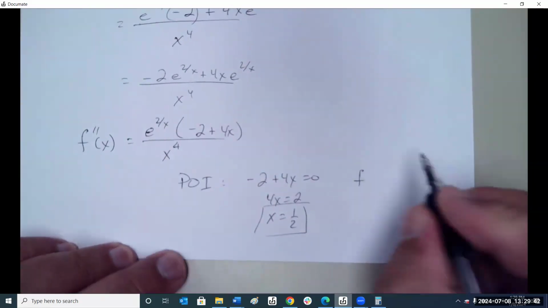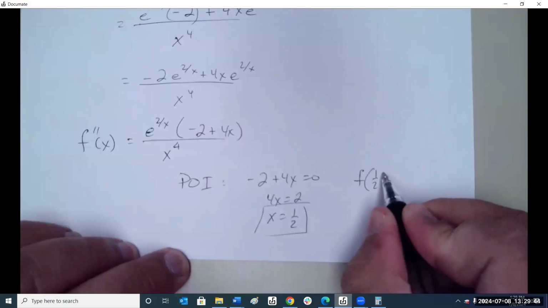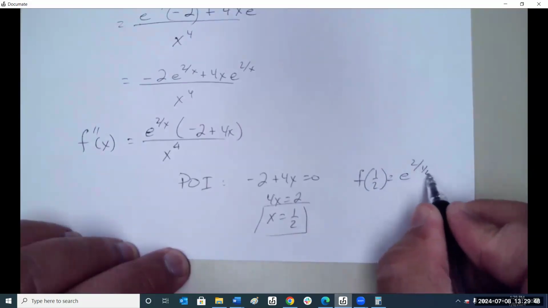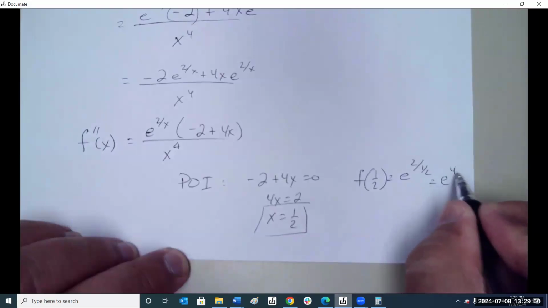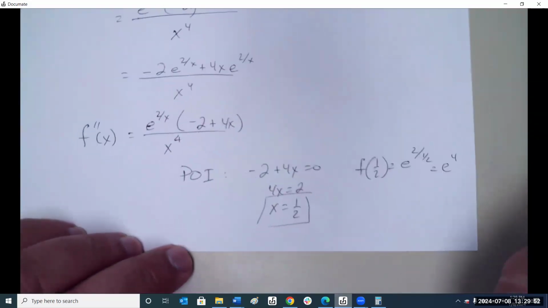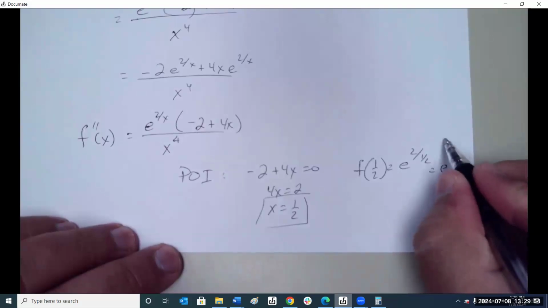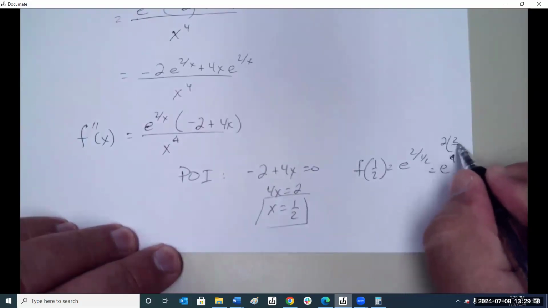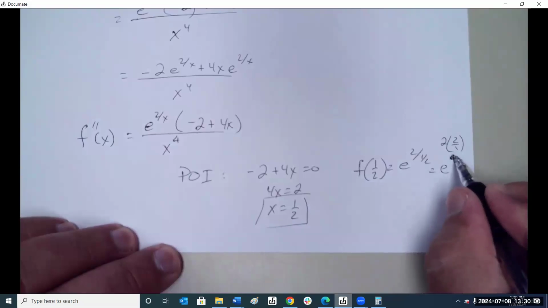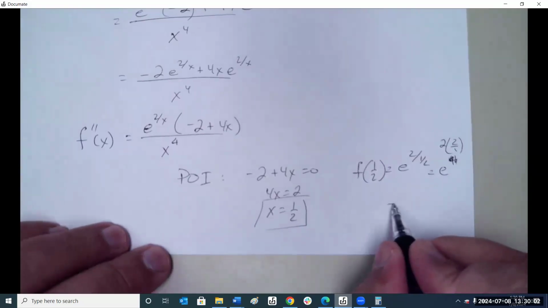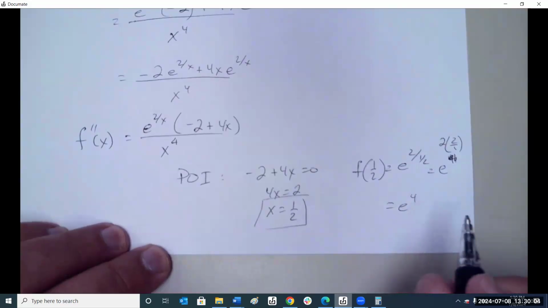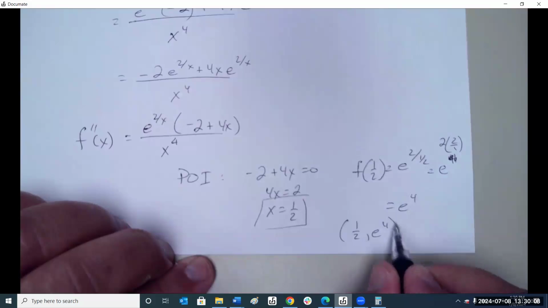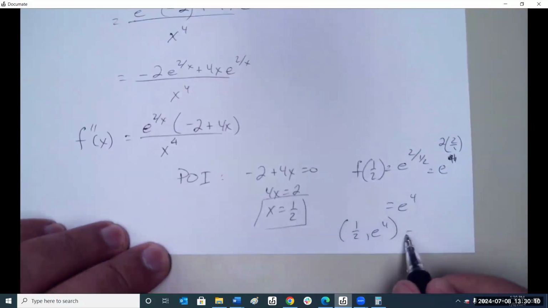So it occurs at x equals 1/2. e to the 2 over 1/2 makes it e to the 4th. 2 times, flip the bottom, 2 over 1 makes it e to the 4th. So, right, 1/2, e to the 4th. That's the point of inflection.